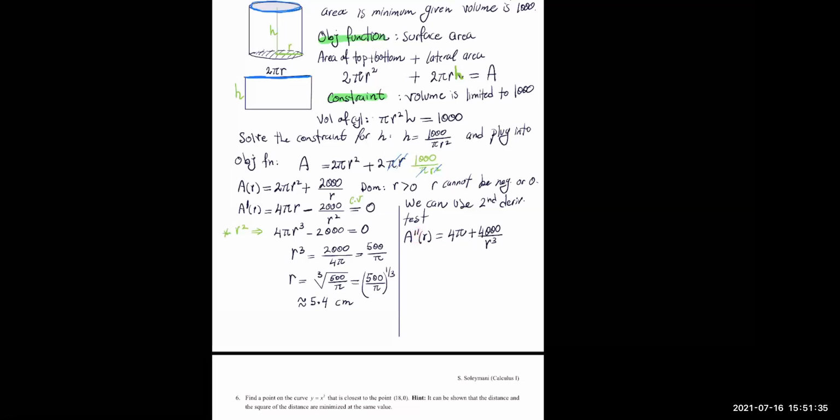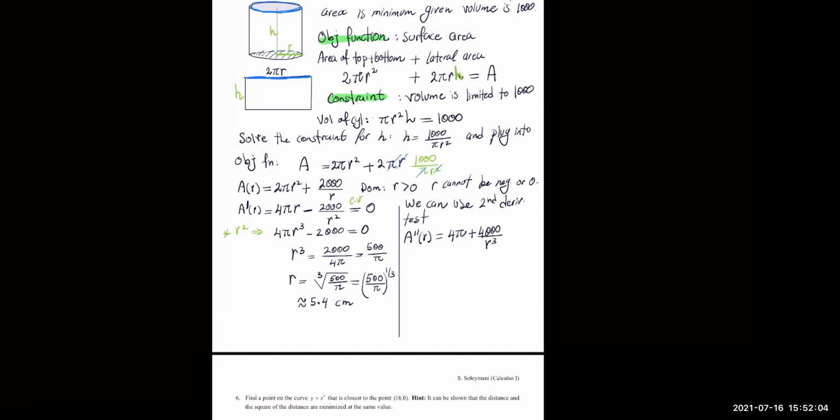And look at the sign of the second derivative. If I were to plug in my critical value or any positive value for r, if I plug 5.4 into r, I'm going to end up with a positive second derivative. You don't need to really plug in because these terms are both positive, which means that the function is concave up.